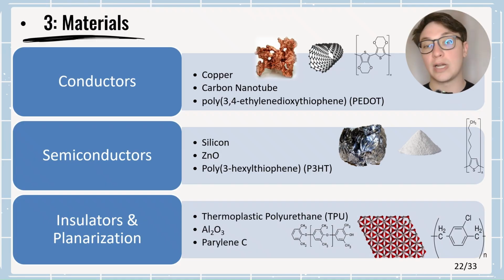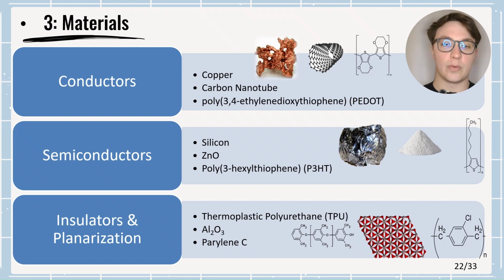sustainability. Coming to the last category, of course, I mentioned earlier that we do need some insulating materials from the electronic point of view, but it's also worth mentioning that specifically for smart textiles, it's worth having some sort of planarization layer in between the electronics we are fabricating and the very substrate we are using, so the textiles, in order to have a smoother substrate and a better deposition of the material you're going to use as electronics.